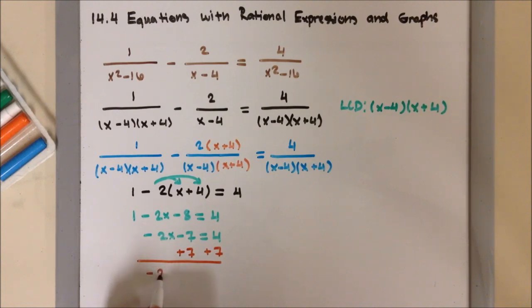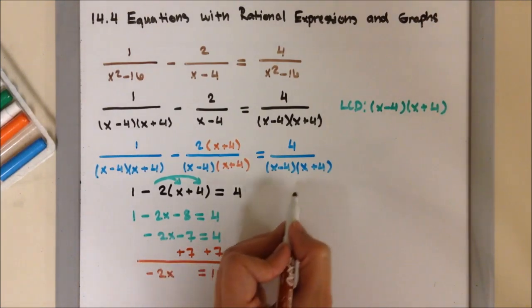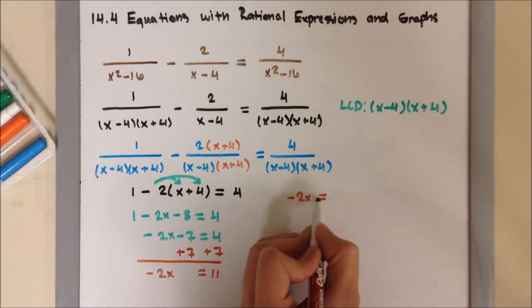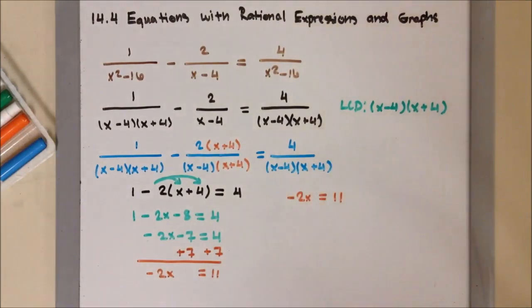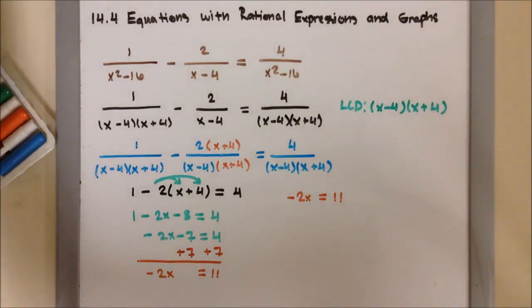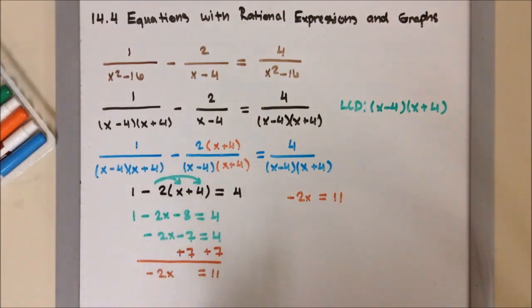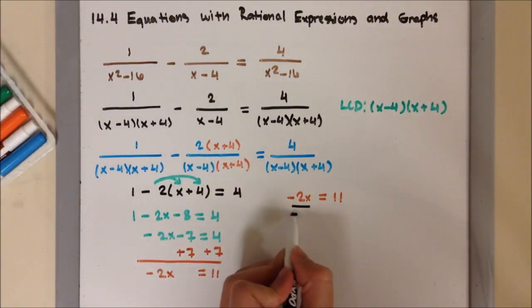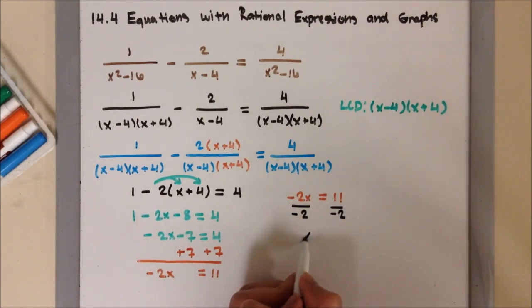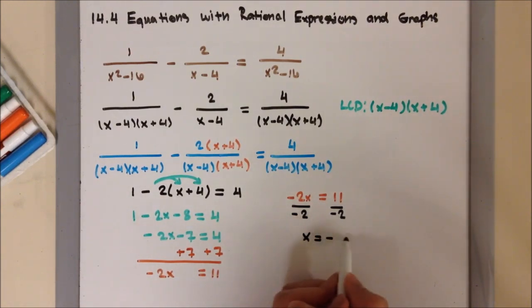So we get negative 2x equal to 11. I'm going to write it over here. And then in order to solve for x, I'm going to divide both sides by negative 2. So we get x equals negative 11 over 2.